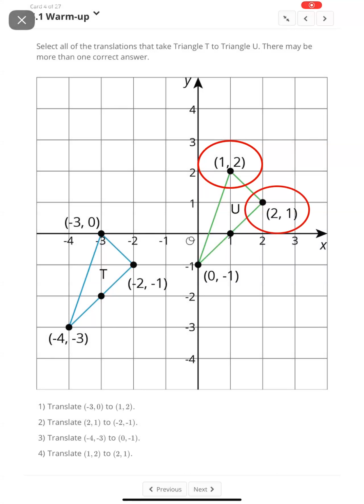I don't even have (1, 2) on the blue triangle. (1, 2) is on the green triangle, and (2, 1) is also on the green triangle. So that doesn't make sense, because we are trying to translate the blue triangle onto the green triangle, and both of these points in number 4 are from the green triangle.